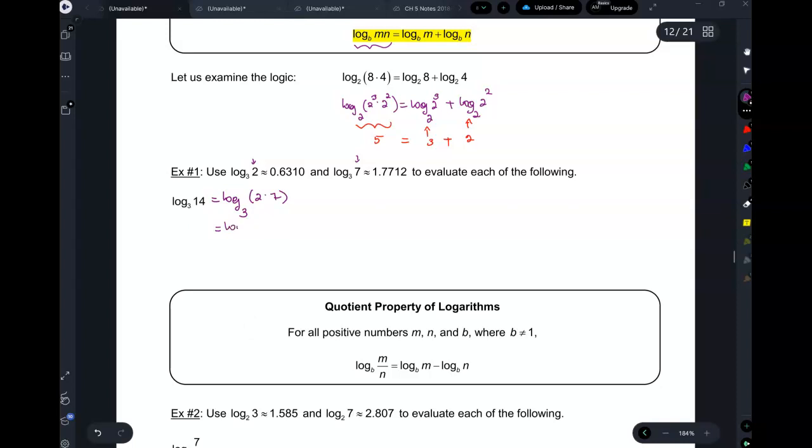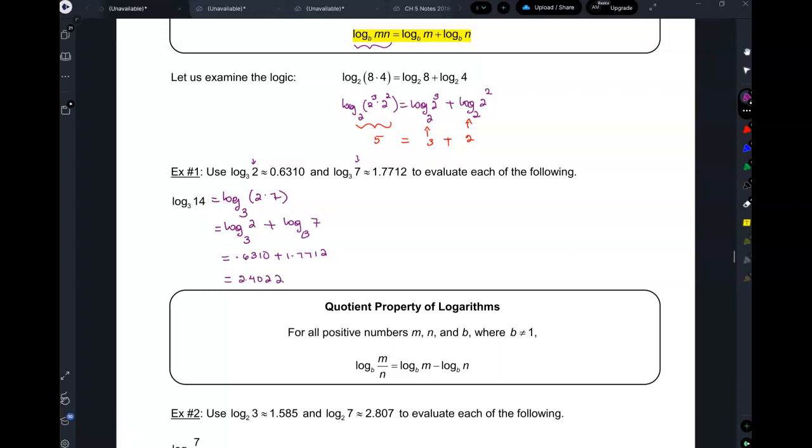Well, using the property, I say this is equal to log base 3 of 2 plus log base 3 of 7. And then I just substitute the values, 0.6310, 1.7712, and that gives you this, okay?